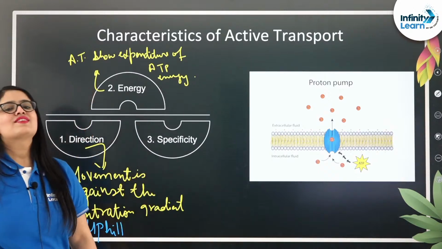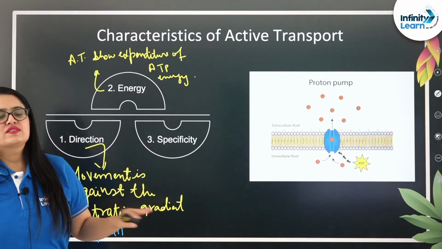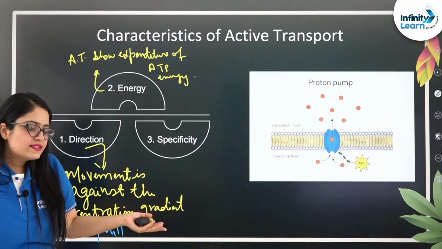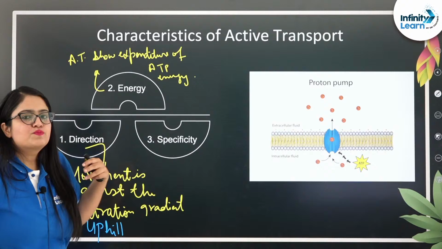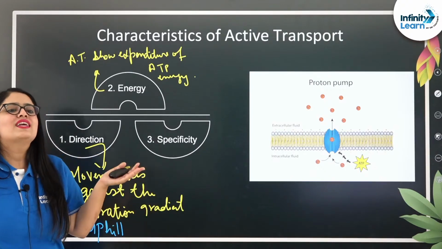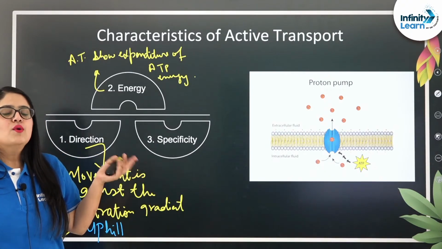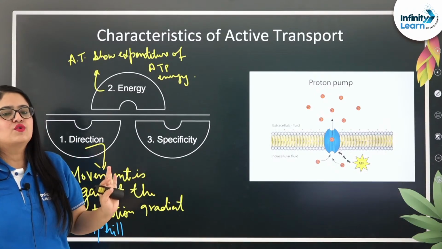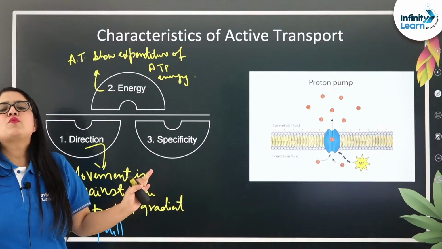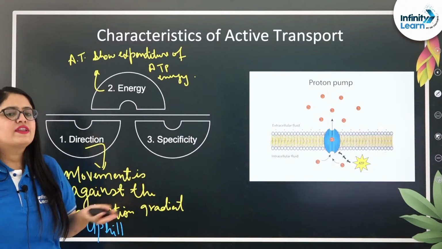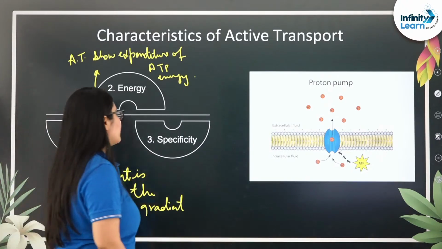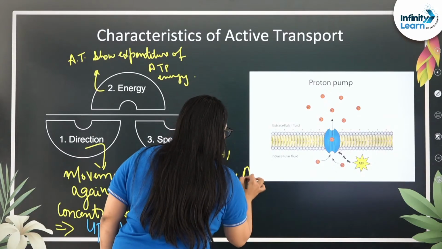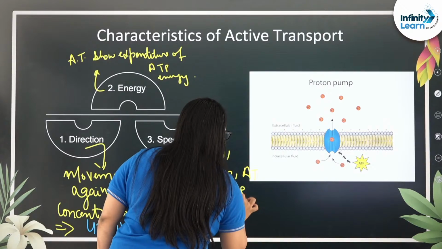Because energy is required to move the substances against the concentration gradient, because there is no spontaneous movement, right students, because moving from lower concentration to higher concentration is not a spontaneous movement. For such a non-spontaneous movement to take place, definitely energy needs to be provided. Next is specificity. Yes, AT or active transport is specific.